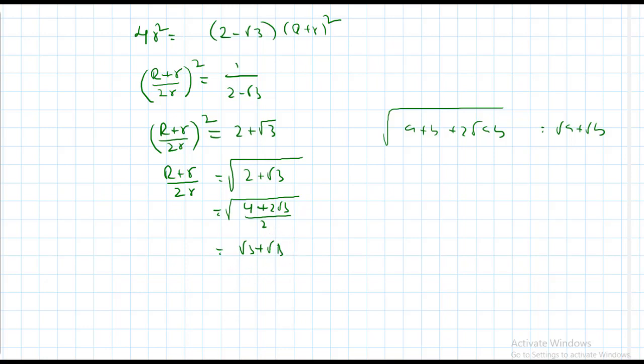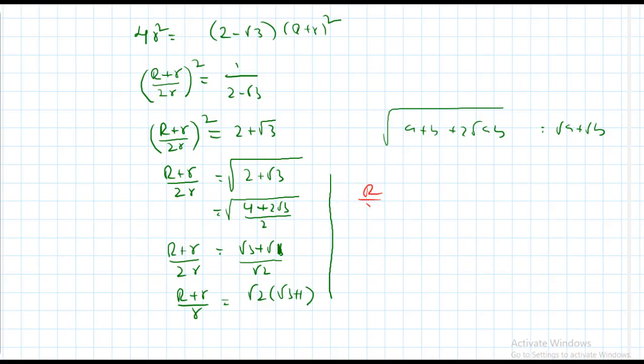So this is (root 3 plus 1) by root 2, which is nothing but (capital R plus small r) by 2r. So now (capital R plus small r) by small r is nothing but root 2 times (root 3 plus 1).